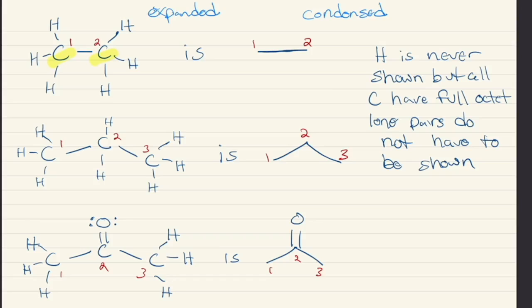Now, if I was to show you this expanded version on an upcoming assessment, I would expect you to be able to tell me a couple different things about its molecular geometry at the carbon. I would expect you to be able to tell me the bond angles between each of the bonds on any of the carbon atoms.